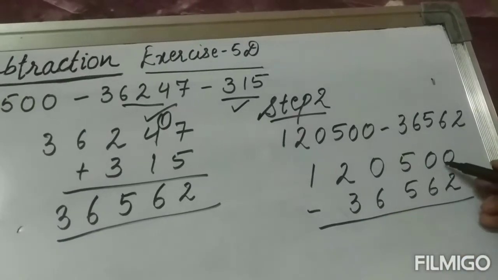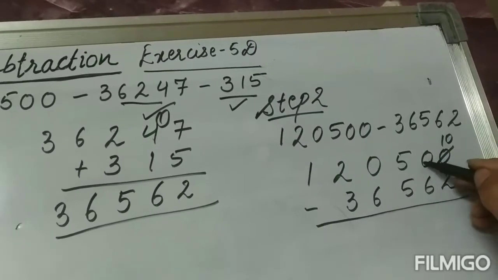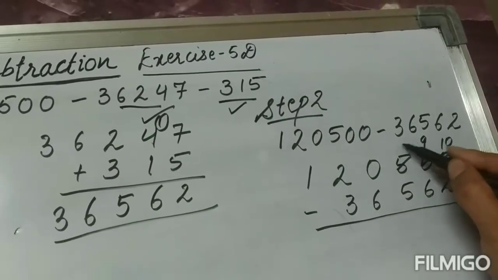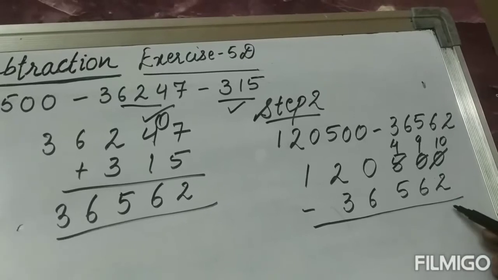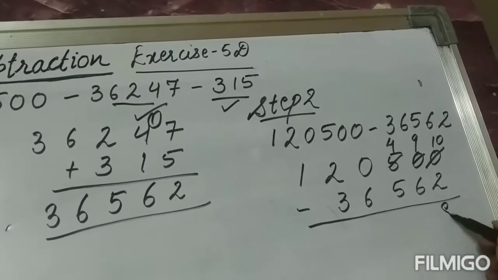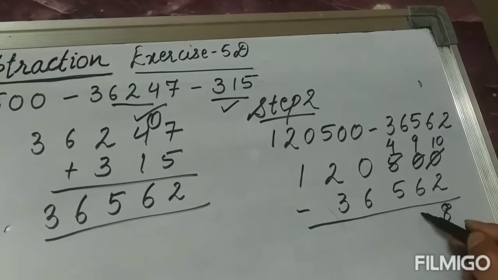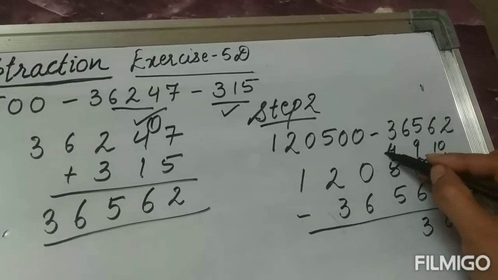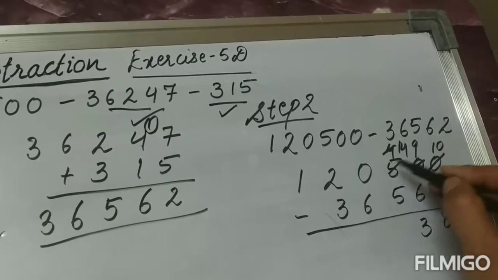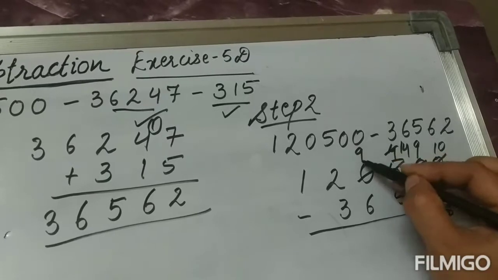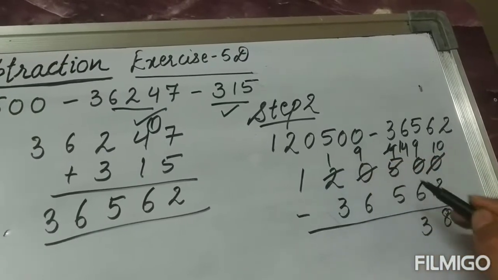Subtract it. This will become 10, this 9 and this 4. 10 minus 2 is 8, 9 minus 6 is 3, this 4 will become 14 and this will become 9 and this will become 1.